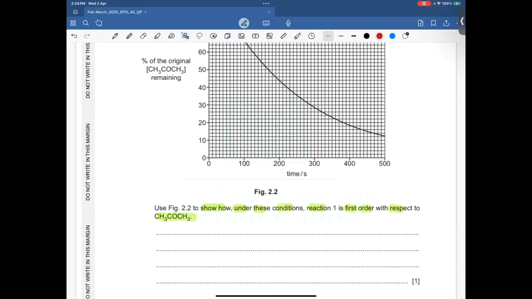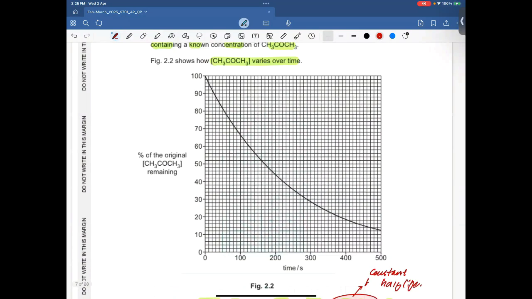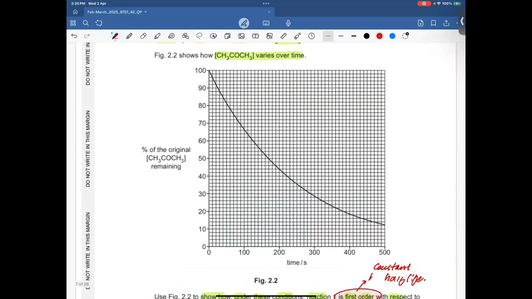Since the examiner has given us information about the order of reaction, we need to look for a constant half-life in this scenario. Because whenever we have concentration and time data, we need to consider the constant half-life scenario. So let's talk about this now.